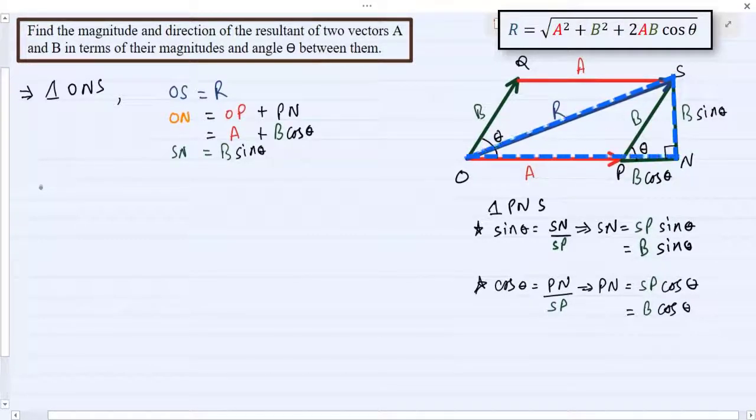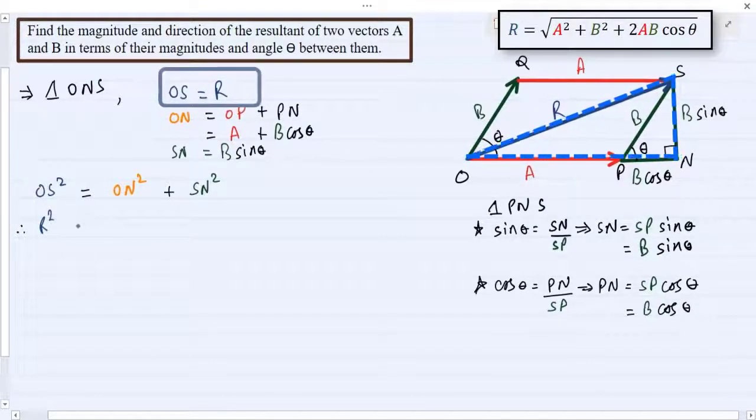Now Pythagoras theorem says hypotenuse square is equal to the summation of squares of the rest of the sides. So we can say OS square is equal to ON square plus SN square. Now let's substitute the values. Your OS is simply R, so here we'll get R square.